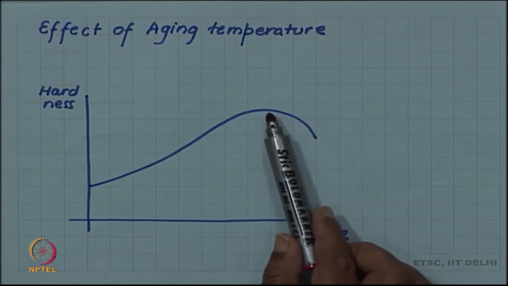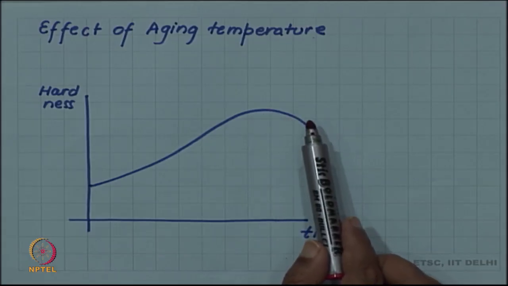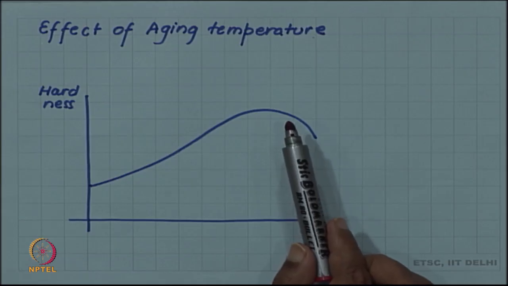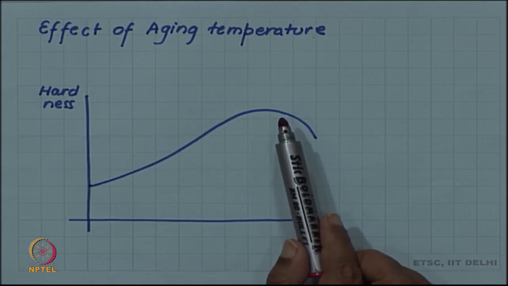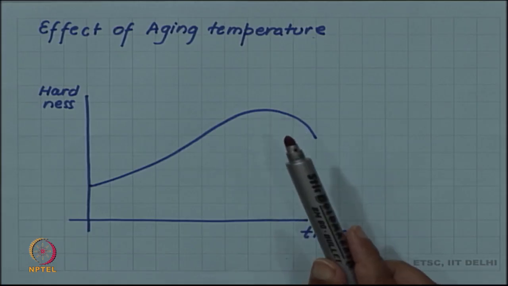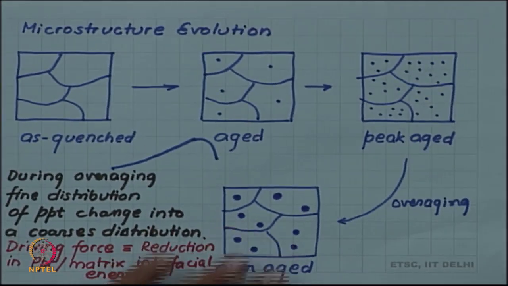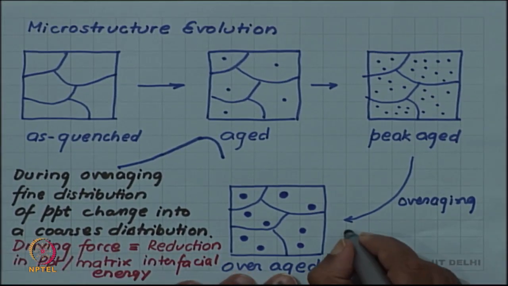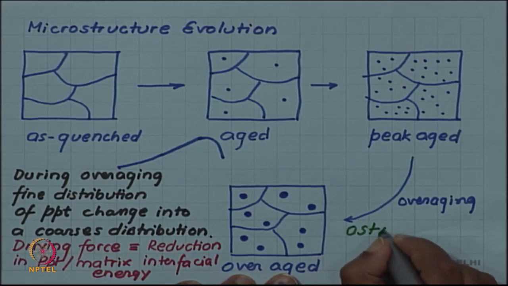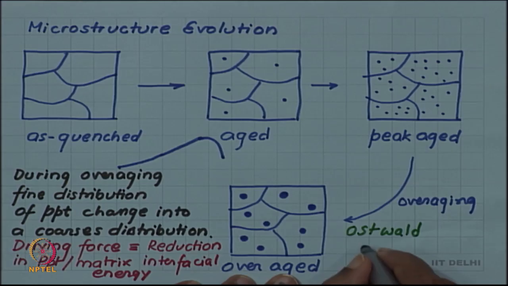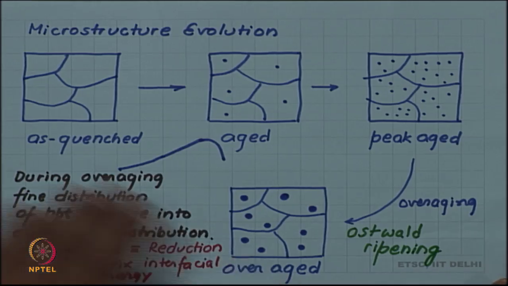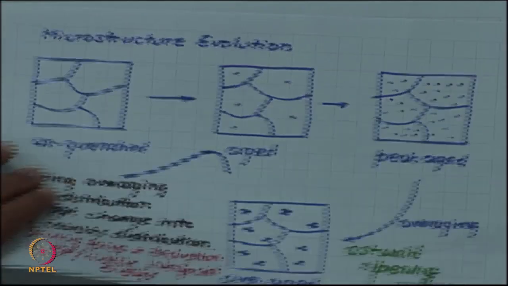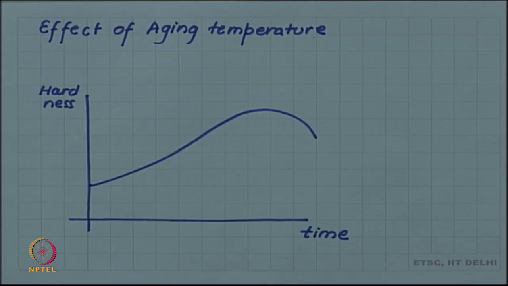So, we reach a peak hardness, but beyond peak hardness, to reduce the interfacial energy, particles start to merge together and become larger particle, which is sometimes called ripening. So, we should give that name. This is also called Ostwald ripening. And there will be a decrease in the hardness.